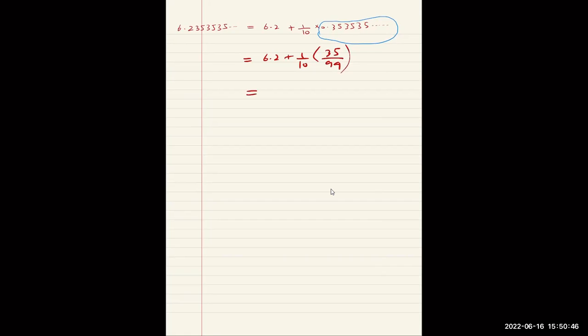This will be simplified to 6,173 divided by 990. As you can see, this is a fraction. That's what we wanted. We wanted to write the given repeating decimal as a fraction. All right, that completes that example. With that, actually, we conclude section 7.3. I will stop there and I'll see you next time.